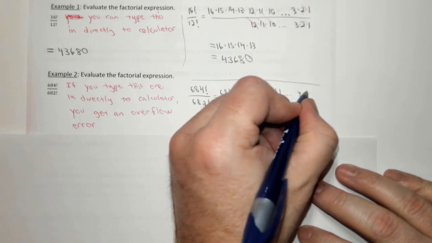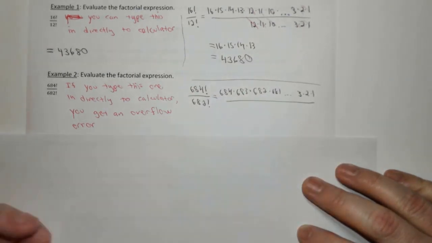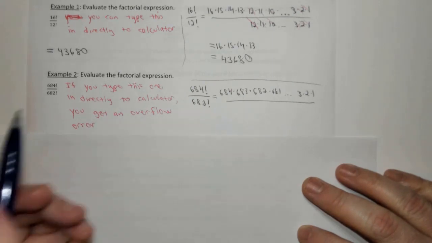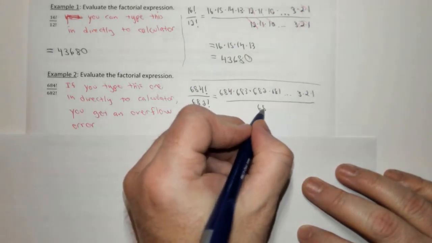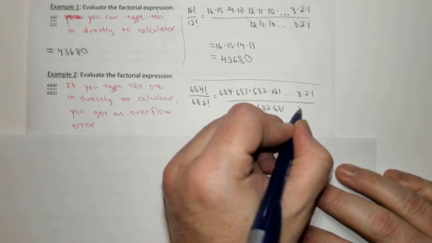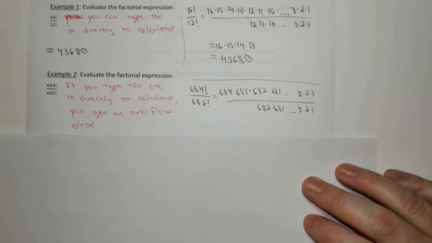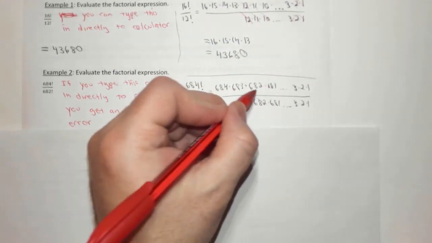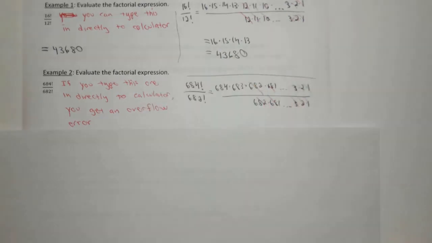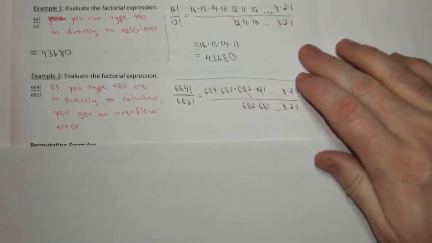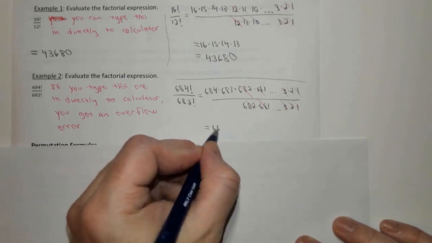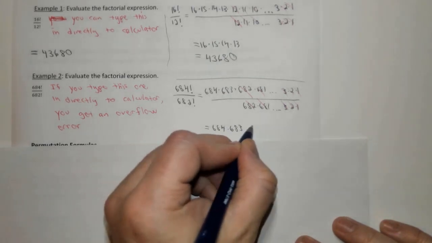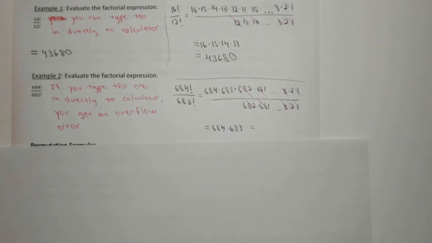In fact, you probably recognize, since this is 682 factorial, then the 682s will cancel and everything else. So 682 times 681 all the way down to 3, 2, 1. Usually students like to see that. These are going to cancel. So we end up with only 684 times 683, and that is equal to 467,172.